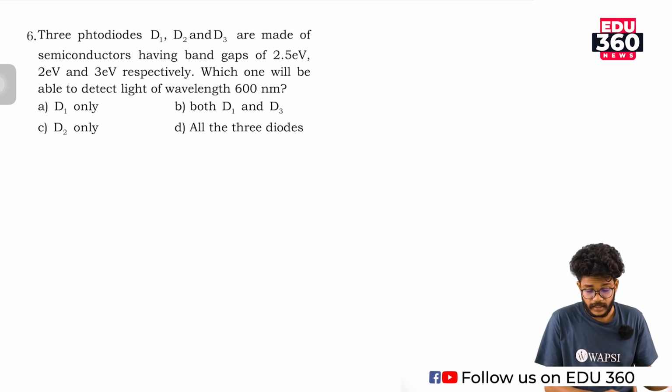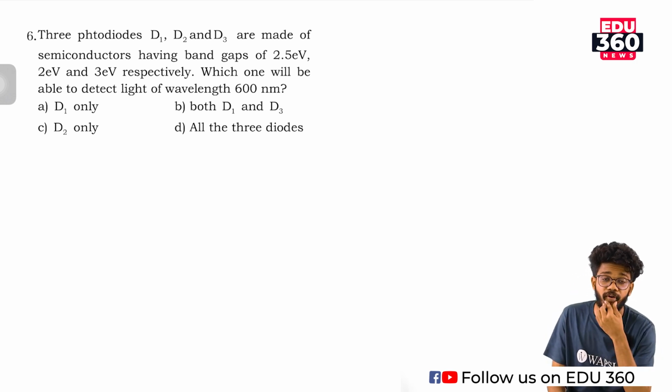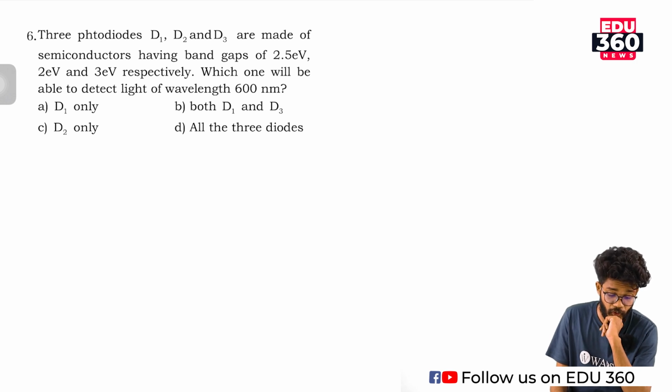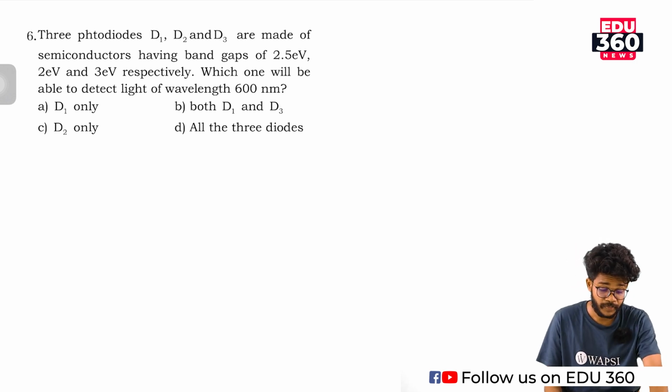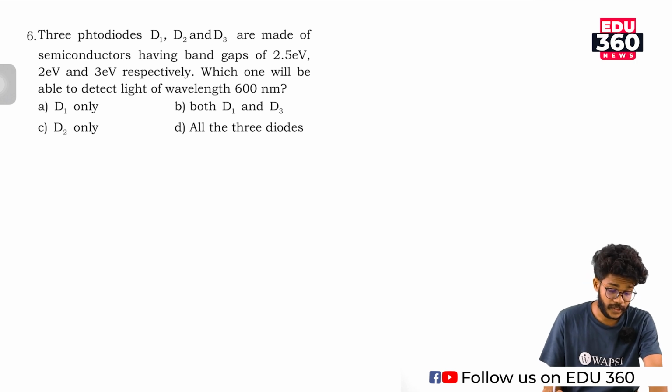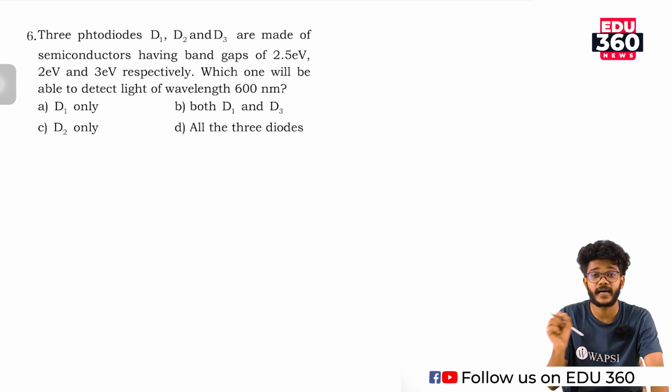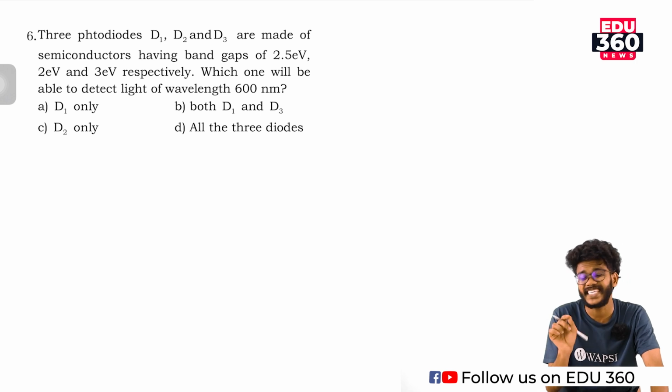Sixth question: three photodiodes D1, D2, D3 are made of semiconductors having band gaps of 2.5 electron volt. That means energy is given for D1 as 2.5 electron volt, D2 is 2 electron volt, and D3 is 3 electron volt. These are the energy values of each diode.